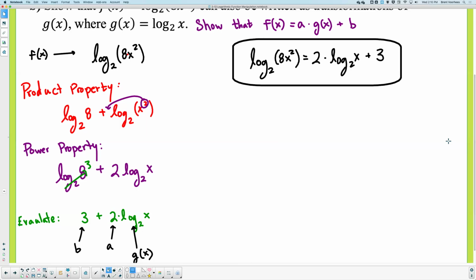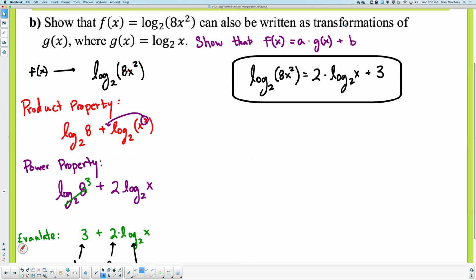Does that make sense? As far as transformations are concerned, because this problem does mention the word transformations, the squared up here, I don't know how to name that as a transformation, so I'm going to start just with the 8. Is that 8 on the inside, meaning horizontal, or is it on the outside, being vertical? It is on the inside. So what word should we use?